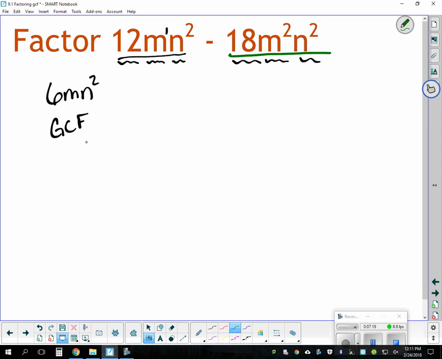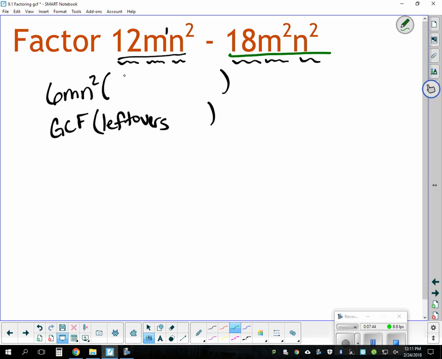So you have to write that down. That is what goes out front of these parentheses. And then what we're going to leave in the parentheses is the leftovers. The leftovers are what is left over if you divide each of these terms by this term. So 12mn squared divided by 6mn squared.